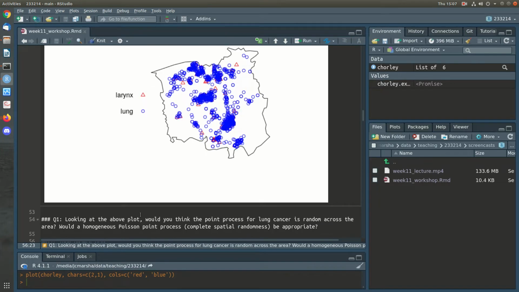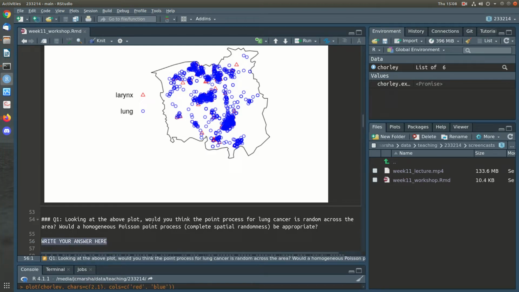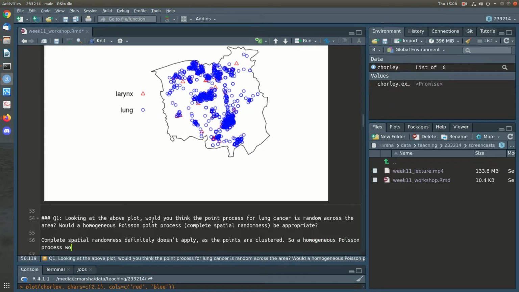That means complete spatial randomness doesn't apply, and so we need to describe this with some non-constant trend, some inhomogeneous Poisson process, for example.